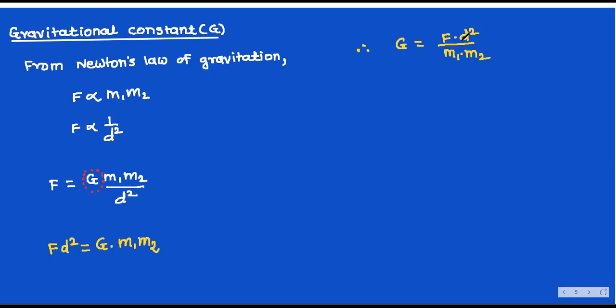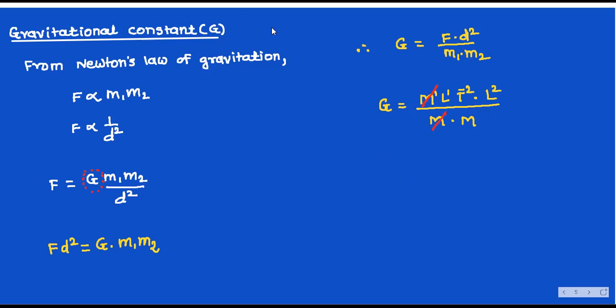D is what? Distance. So we know force dimensions. So let's substitute now. This is 1 in mass, 1 in length, minus 2 in time, into D square, which is distance, so L square, divided by M1, which is mass only, and this is also mass, represented by capital M. So let's cancel one mass with this and take it up.